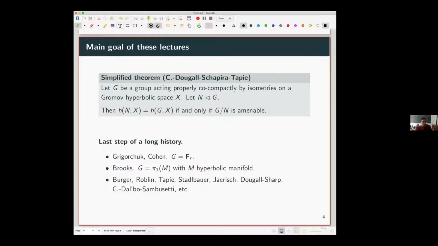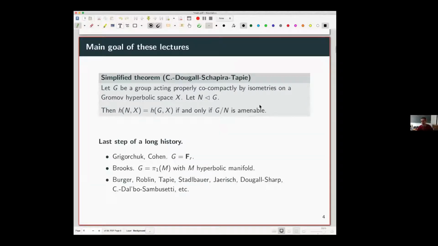Then you can exactly answer the question, when do we have equality? We have equality between the exponential growth rate of N and G if and only if the quotient is amenable. I will not define amenable yet. Probably you already have some definition.